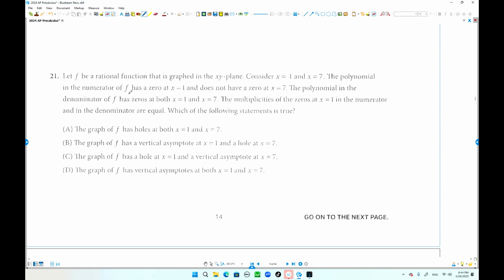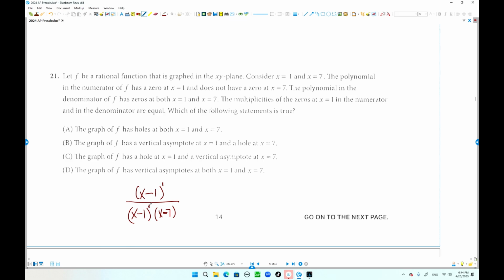So we have some question over here. Numerator has zero at x equals 1, but x is not equal to 7. So the numerator must have the factor x minus 1. And the denominator has x minus 1 and x minus 7. So multiplicity: zeros at x equals 1.